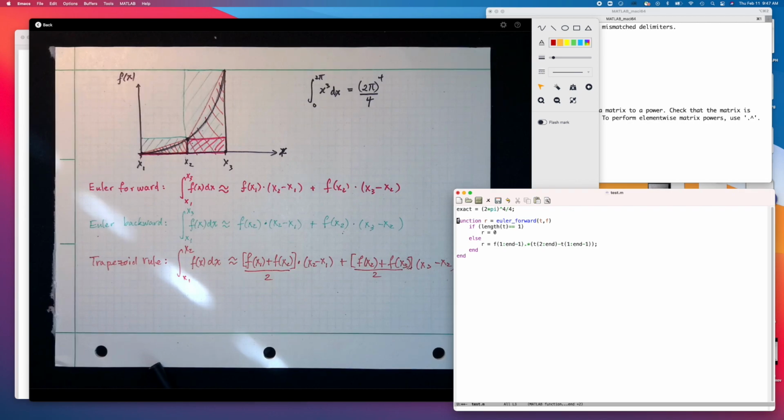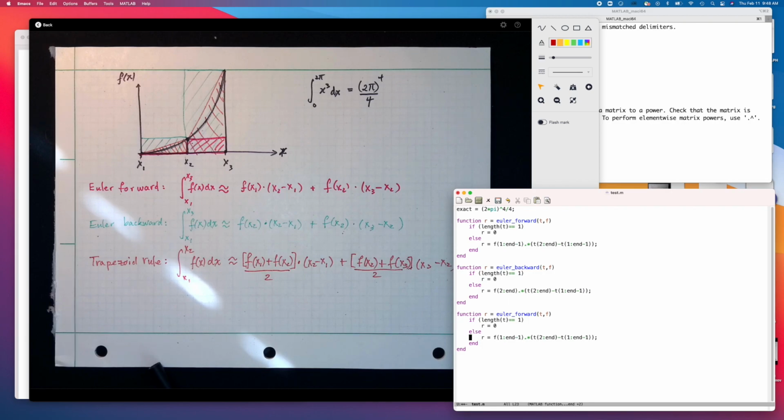The Euler backwards will be very similar. But now I'm going to evaluate at the rights of all the endpoints from 2 to n. And this one I will evaluate at the average of the first and last point of each panel.